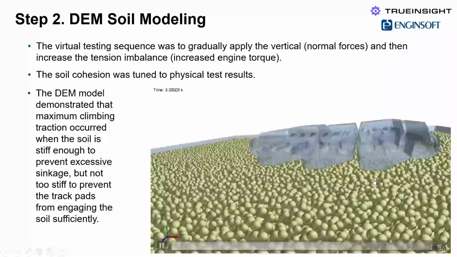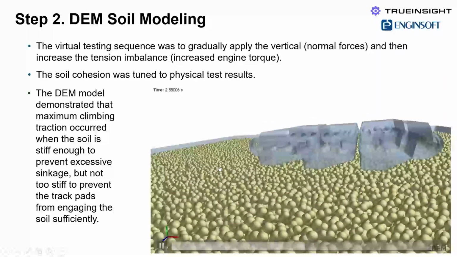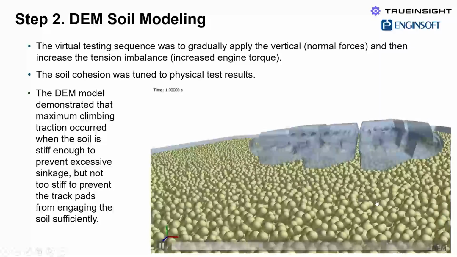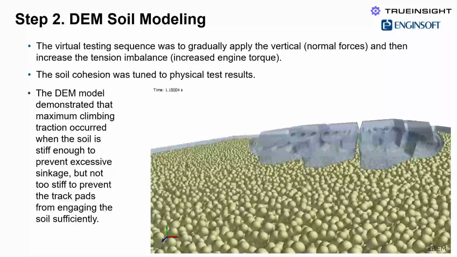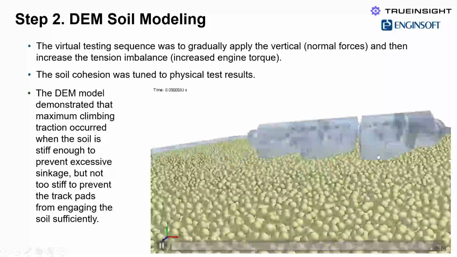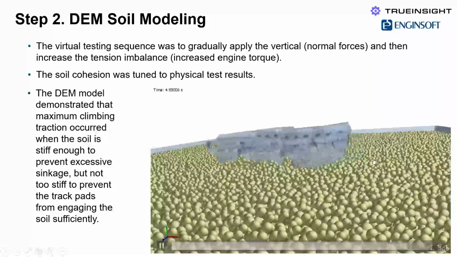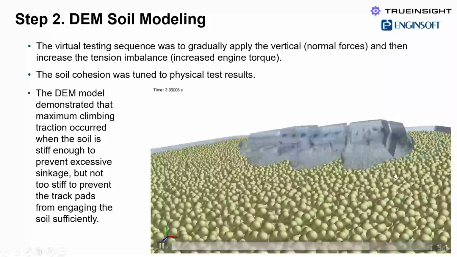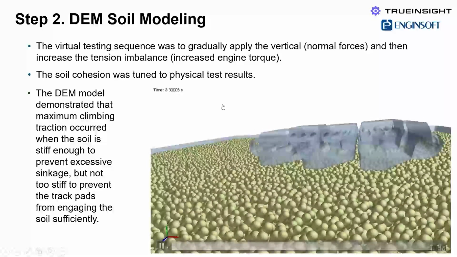But then with the low cohesion, it couldn't resist these breakout forces. And so as the cohesion was increased, there was a certain value where you could get the maximum breakout force, where the cohesion was high enough to resist the breakout force, but low enough that the track shoes could engage with the soil to a sufficient extent.